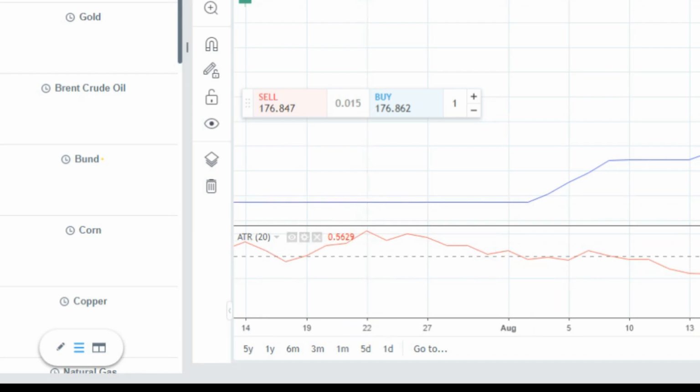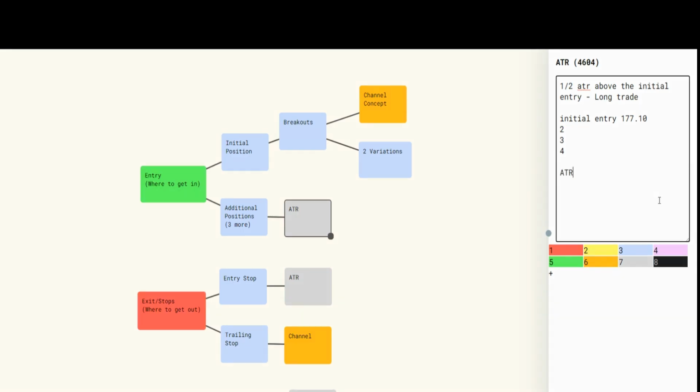So ATR equals 0.5629. We want half of this, so we just divide this by 2. 0.5629 divided by 2 equals 0.2814.